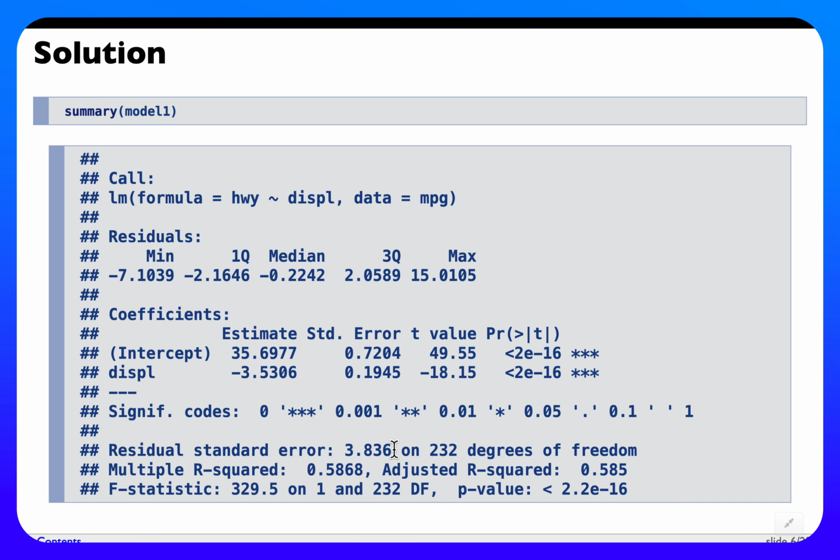You can think of this as the typical mistake that the model makes when it does a forecast, which is 3.8 miles per gallon. The book focused on R squared, which is 0.5868, and don't worry about the adjusted value at this point. So it says that you're explaining roughly 59% of the variation in the model.